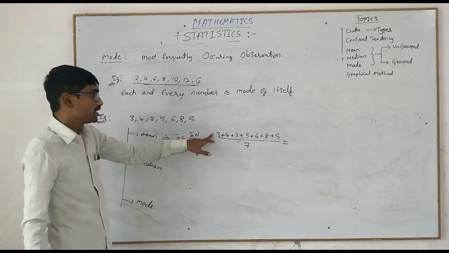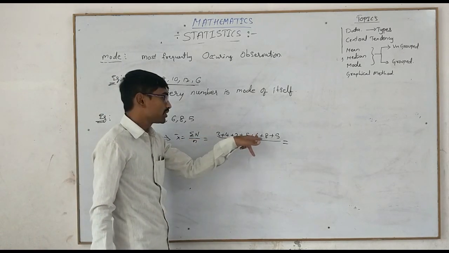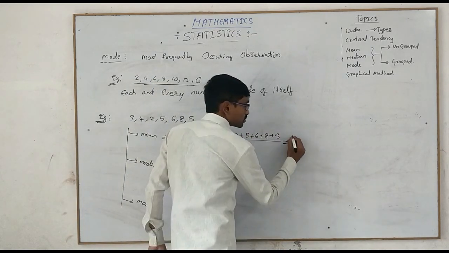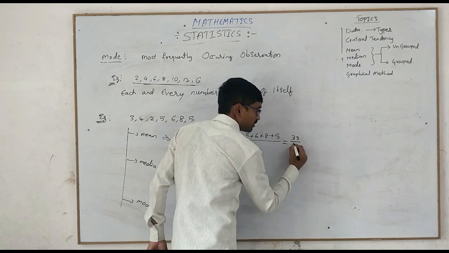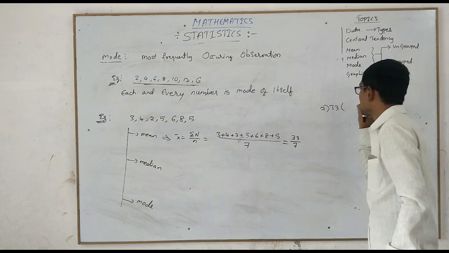On adding we get 3 plus 4 is 7, 9, 14, 20, 20 plus 8 is 28, 33. So here I am getting 33 divided by 7.